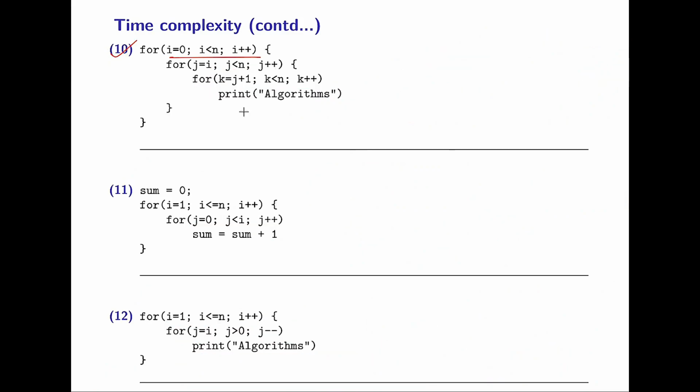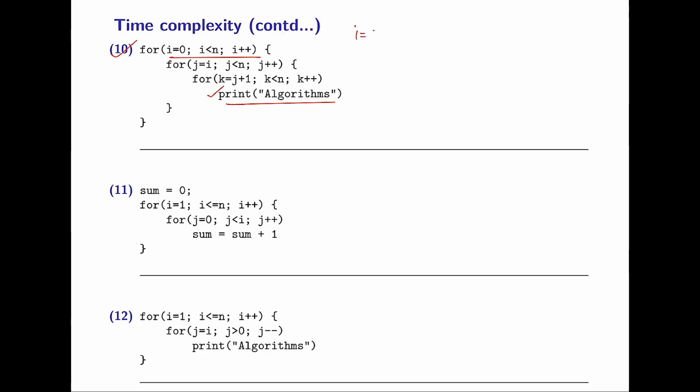Question number 10. The time complexity of this pseudocode or algorithm depends on how many times the statement inside the innermost loop executes. That will decide the time complexity. Now here you see i equal to 0.